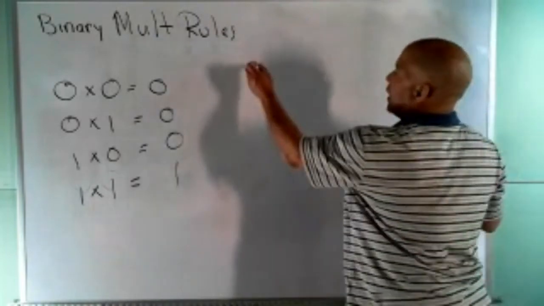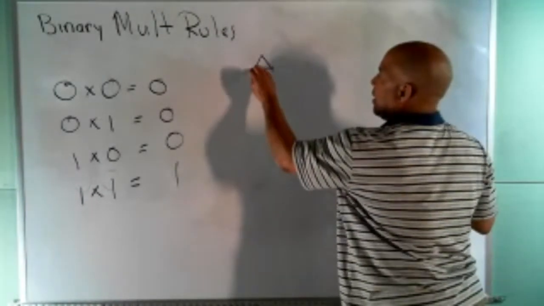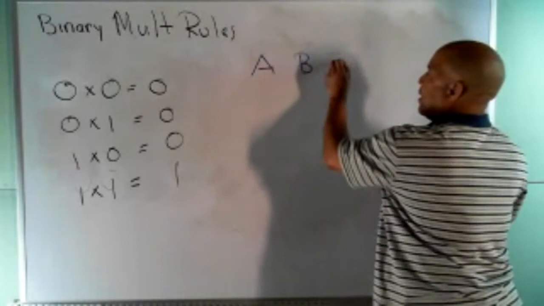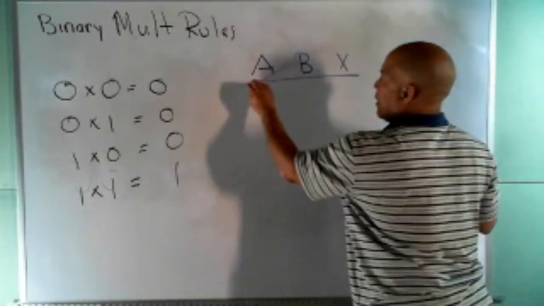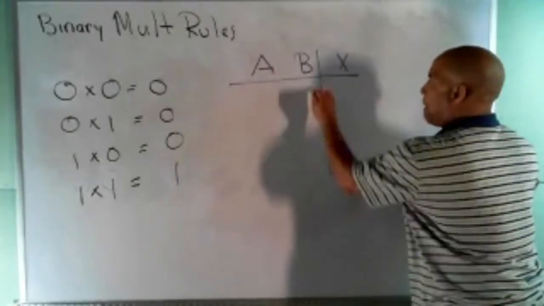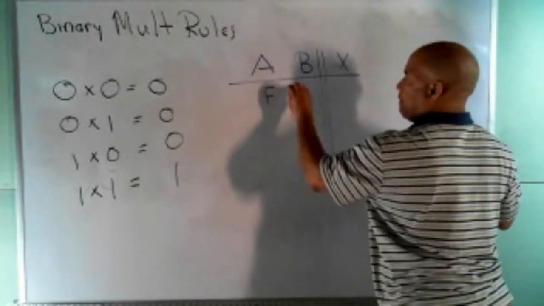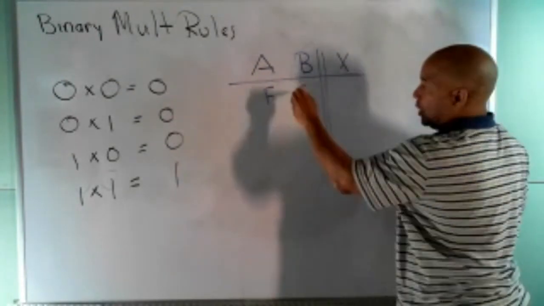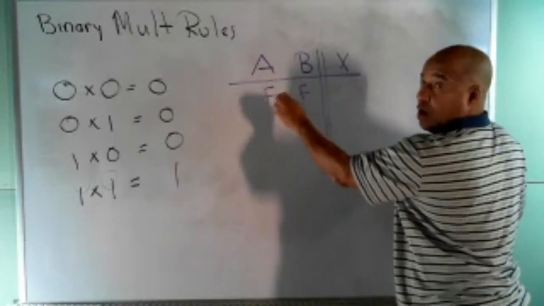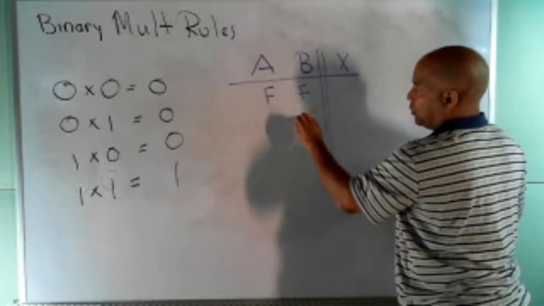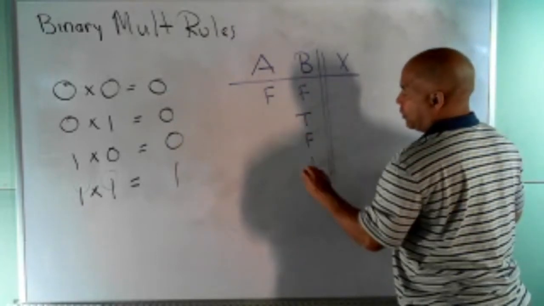What if I say we got A, B, X, and I say this is false, false. And the way you do it, if you got two variables, we alternate. Remember, this is false, true, false, true.